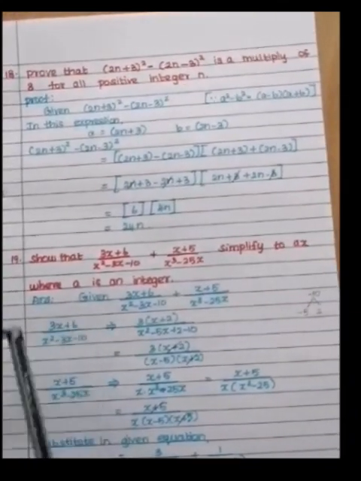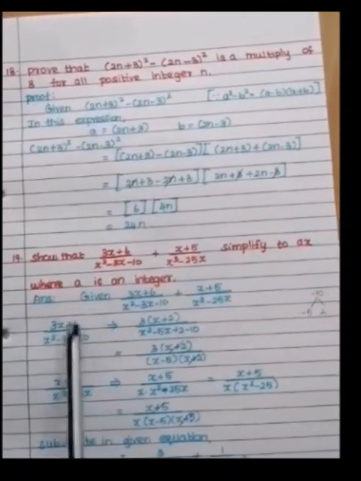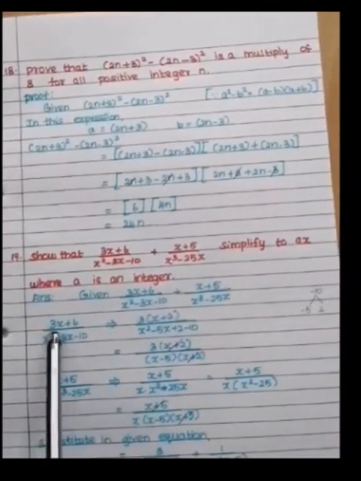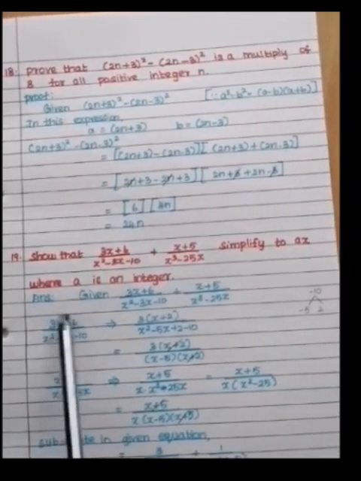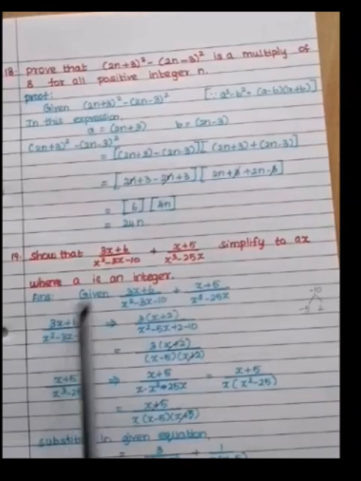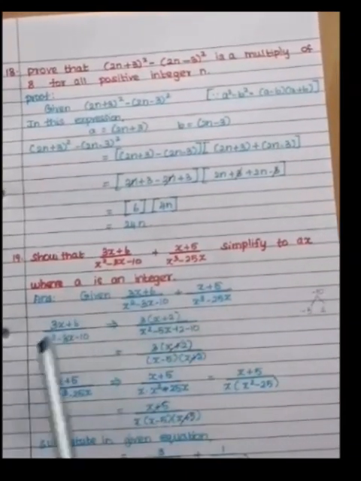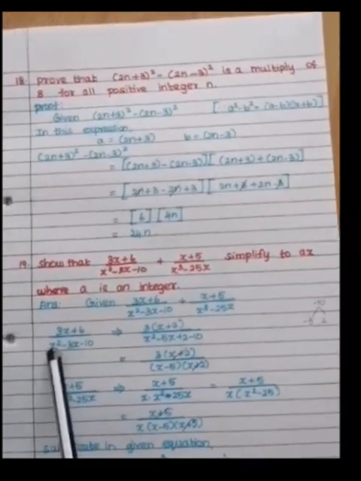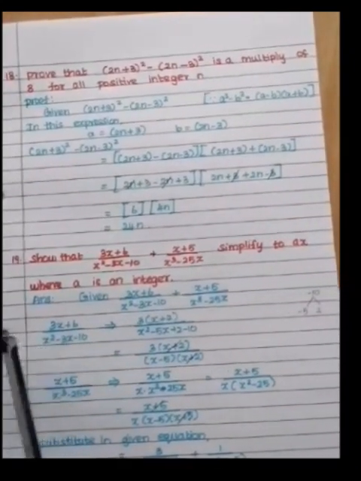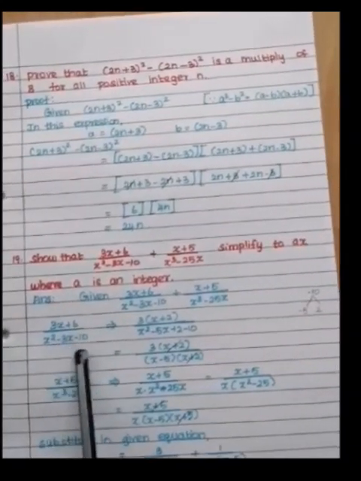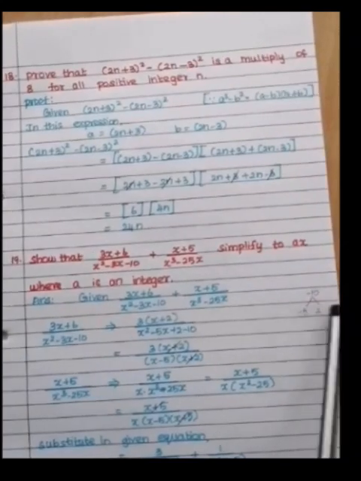So 3x plus 6 divided by x square minus 3x minus 10. Here 3 is a common value because both terms are divisible by 3. Taking 3 common, 3 into x plus 2 divided by, here we have to factorize. Factorization means you multiply the coefficient of x square with the constant term. So minus 10 is equal to 5 into 2. 5 twos are 10.